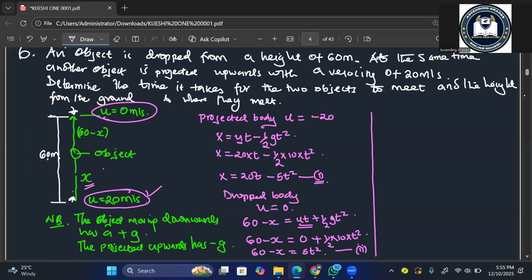We have a part that means a lot of mathematics over here.